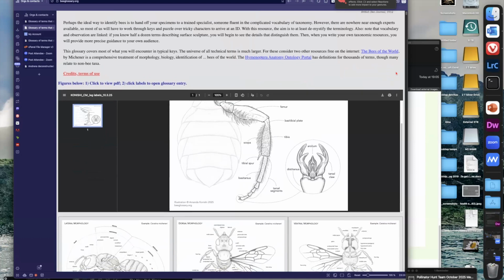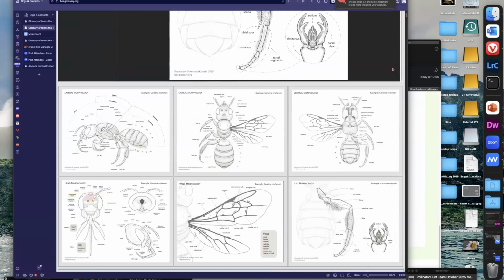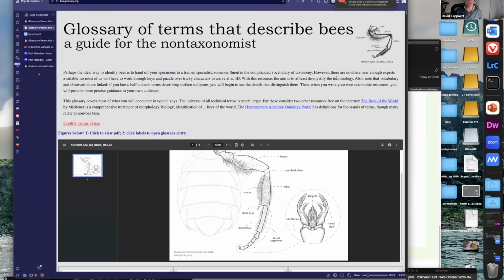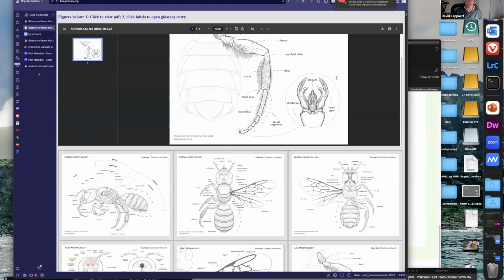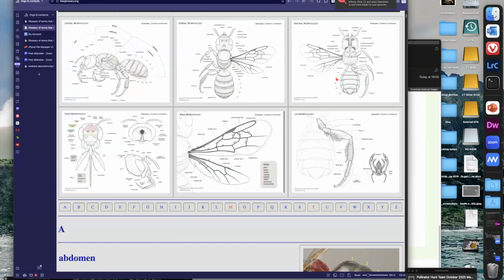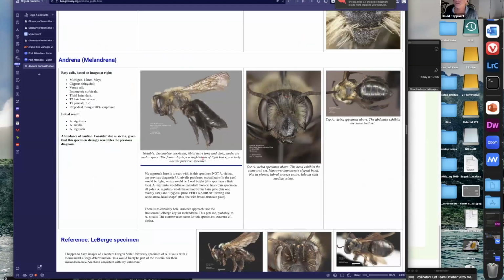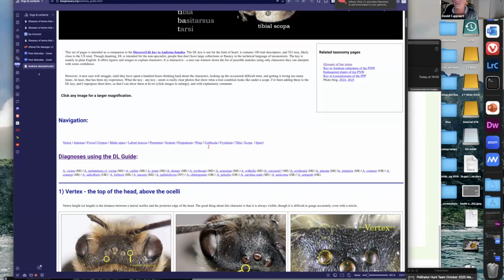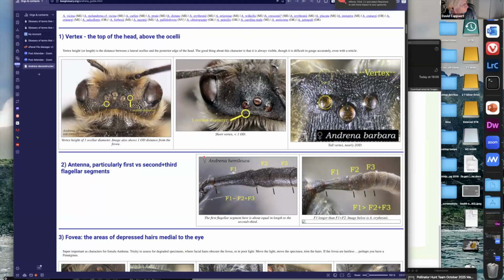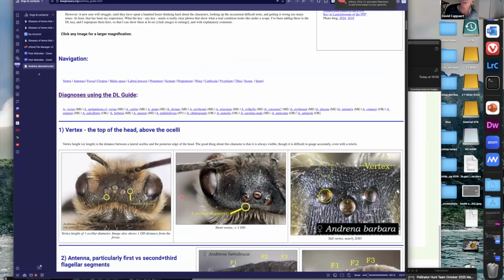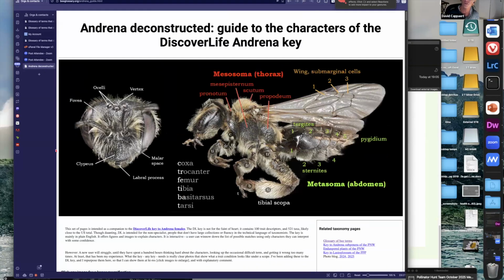There is a question. Do you have any idea if there's a term for the tufts of hair some Andrena have above their eyes that look like little eyebrows? What kind of species, for example, are we talking about? Andrena. Yeah, a species of Andrena. Oh, Haley, would you like to pop in? I have this small promotional piece here, and this other thing that I call Andrena Deconstructed, a guide to the characters.